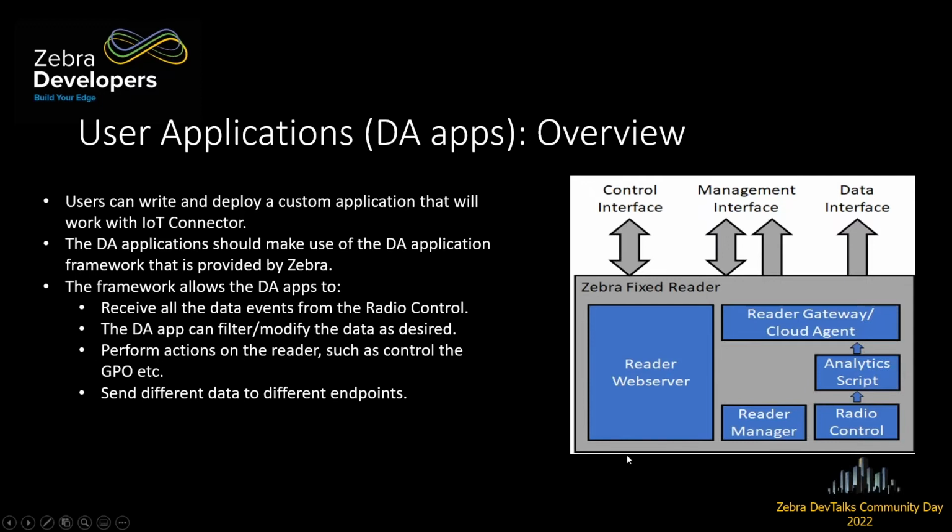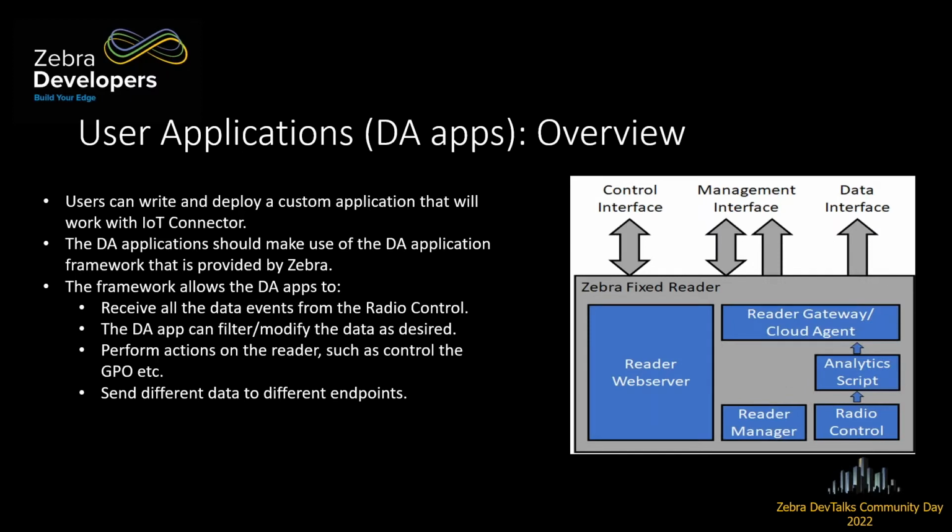And also it can reformat the data. The data coming out of the radio control is coming in, say, JSON format. Say you're not interested in receiving JSON format data. Say you want key value pairs instead of JSON format. That probably comes in handy when you're doing keyboard emulation, for example.